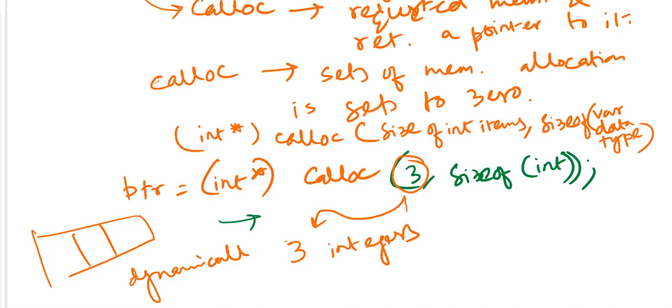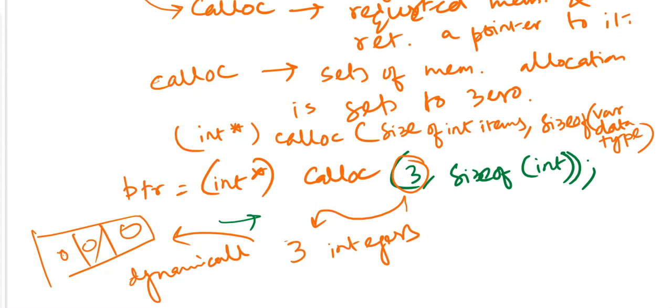Let's see. Using calloc, the function initializes all the elements of the allocated memory to 0. Then after initializing with 0, the value is updated and the new value is assigned.